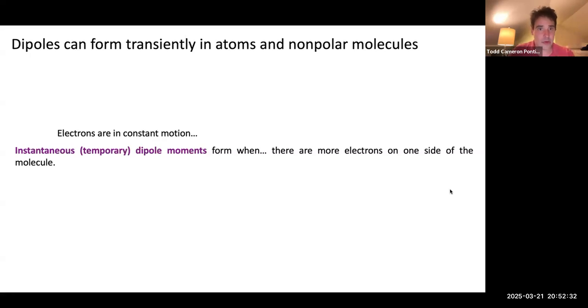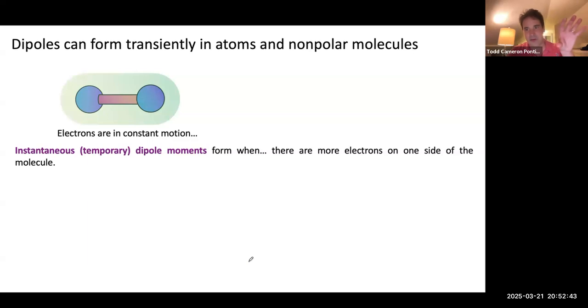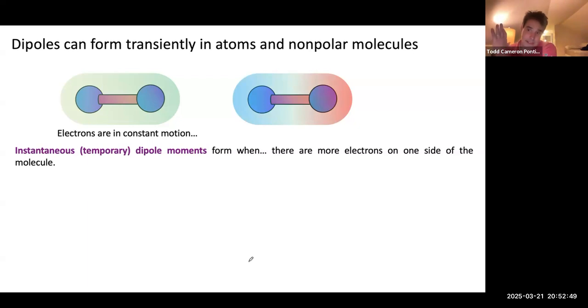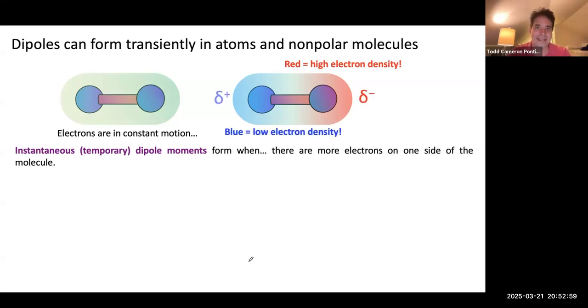And since electrons are in constant motion, here's an example. Let's just say we have H2. So there's an electron cloud moving around. The electrons are being shared relatively evenly. But sometimes electrons will be more on one side than the other. And to help denote this, we can use electrostatic potential maps, where red equals high electron density and blue equals low electron density.